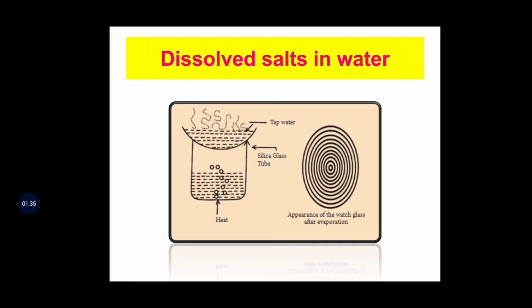Now you can see a number of concentric rings of solid matter deposited on the watch glass. So what are these? These are the dissolved solids left behind after the evaporation of water. So salts, minerals, and impurities are the solids that are dissolved in water.